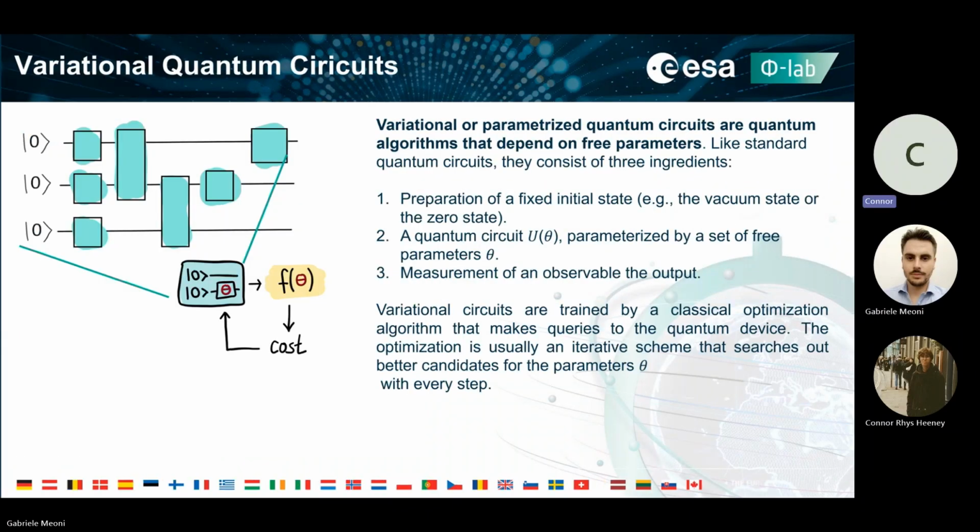So one of the most used kinds of circuit is the so-called variational quantum circuit. They are basically circuits with trainable parameters, like, for instance, a neural network that you want to optimize for a certain specific problem. The way they work is very similar to a machine learning system. You prepare the system in different qubits, as we did before with 0, 1 as input, for instance.